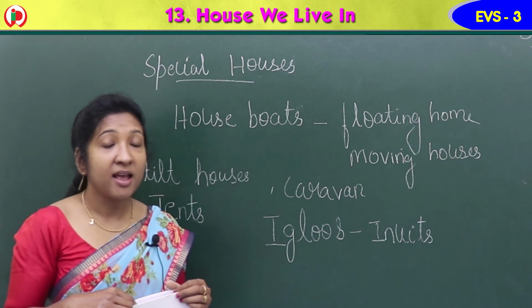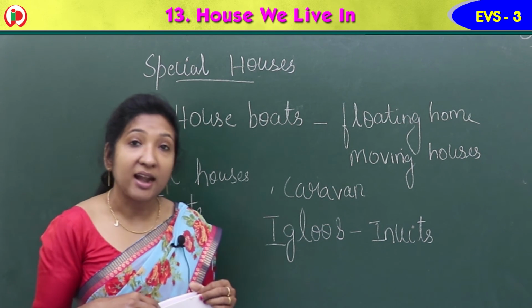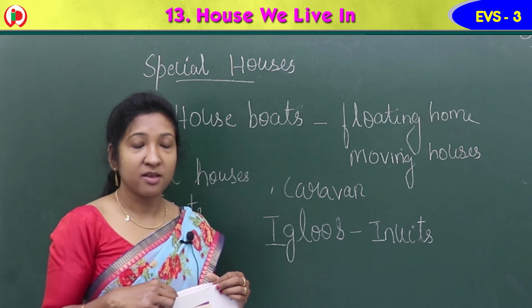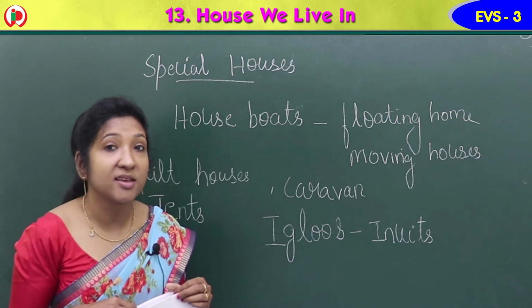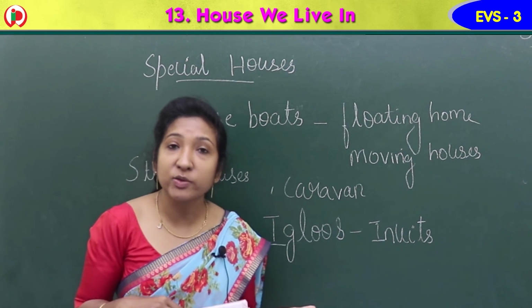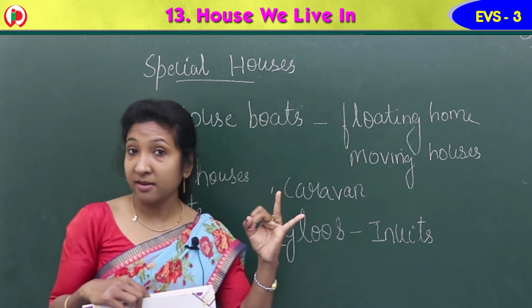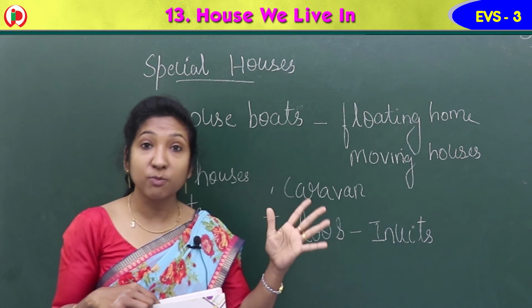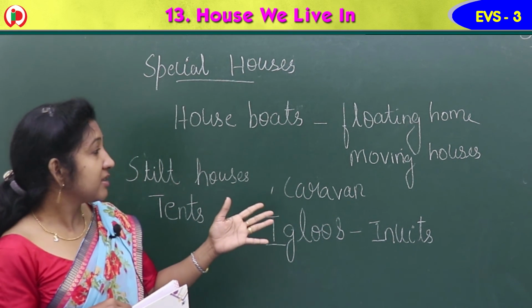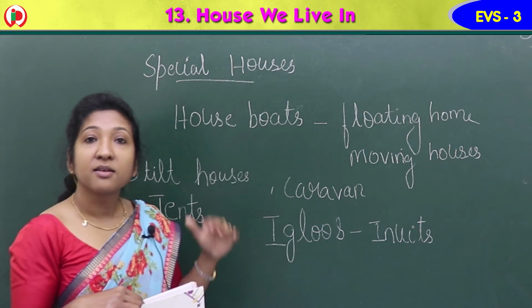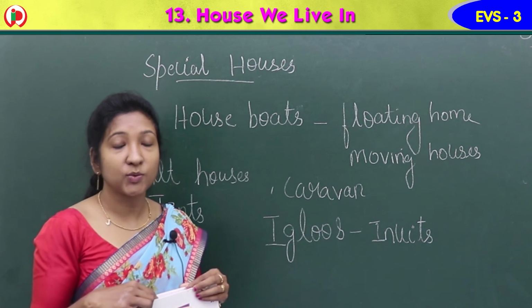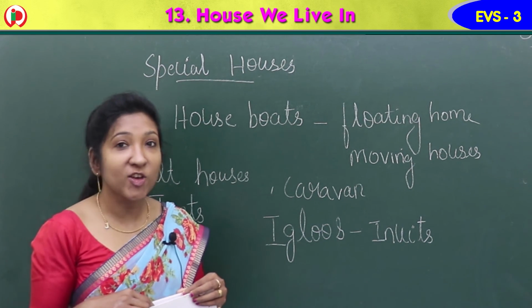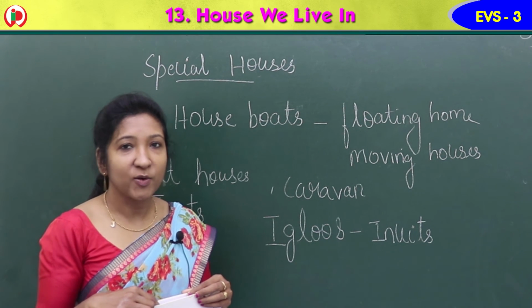In Srinagar and also in Kerala. Isn't it? So these are the special houses. Stilt houses, tents, igloos, caravans, houseboats, isn't it? These are the special houses that we learned. Do you enjoy learning special houses? Okay.